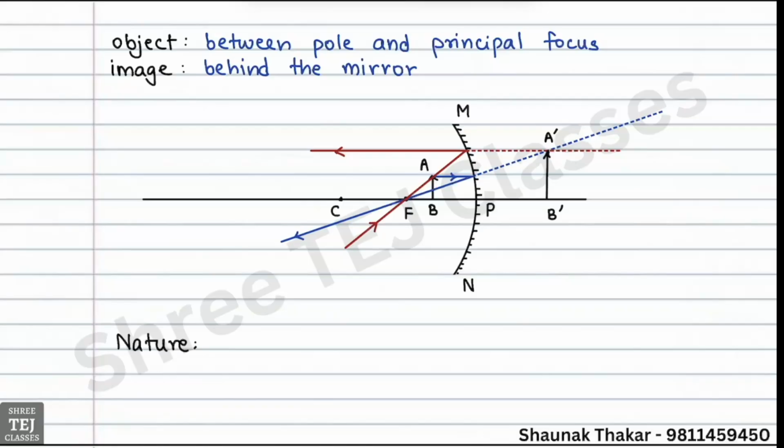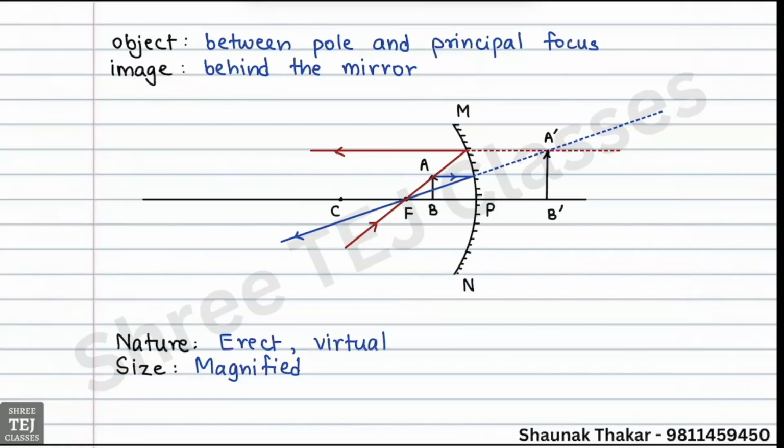So the image is erect and virtual. And what about its size? Size is, as we can clearly see, larger than the object. So we call the image magnified.